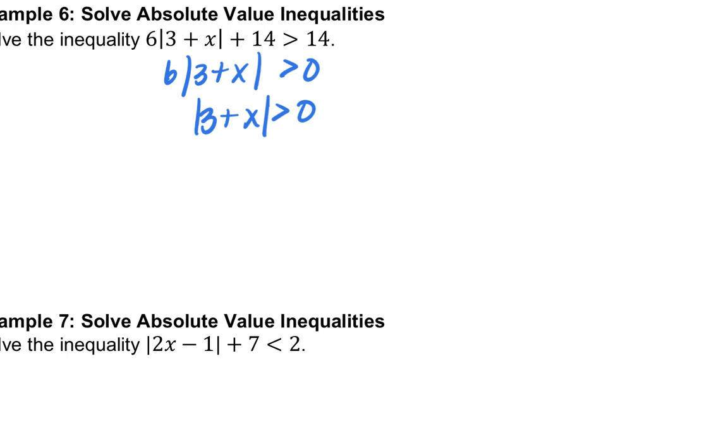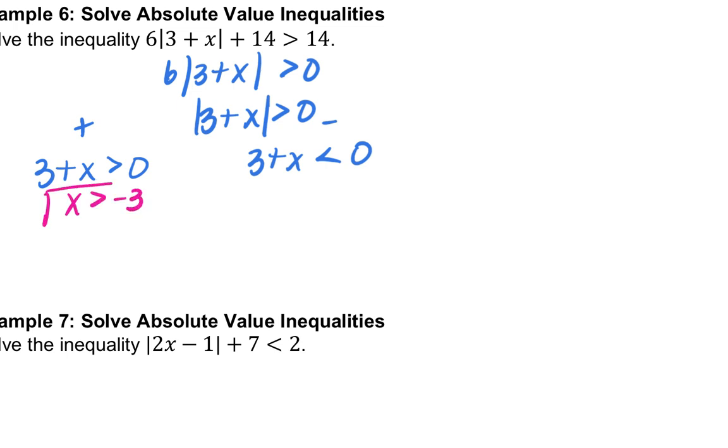Because what happens when you set it up the negative way? You flip the symbol. So you got 3 plus x is greater than 0, and 3 plus x is less than 0. So you have your positive setup and your negative setup. So x is greater than negative 3, but x is less than negative 3.